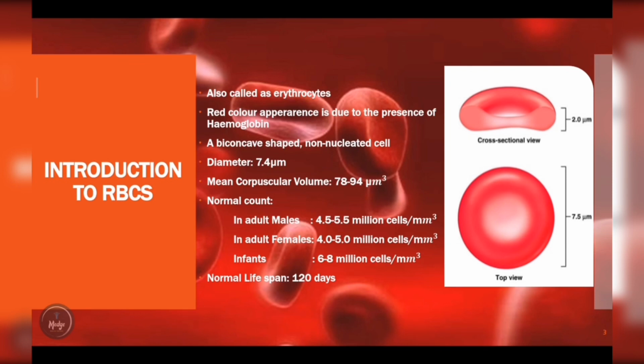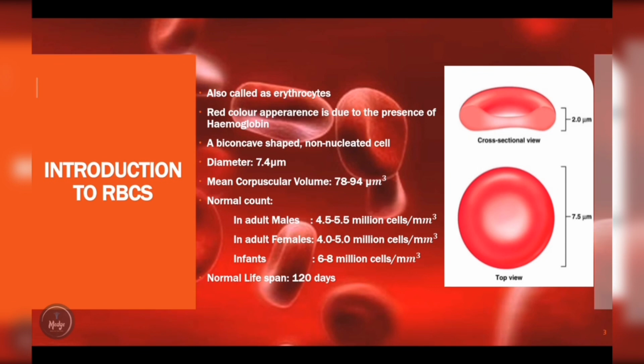In infants, it is increased, such as 6 to 8 million cells per mm cube, because of hemoglobin F, that is fetal hemoglobin. When the RBC count increases beyond 7 million per microliter, it is called polycythemia, and in the pathological condition it is called polycythemia vera. In physiological conditions, we can see an increase in the RBC count at high altitudes, in hypoxia, and in excessive exercise.